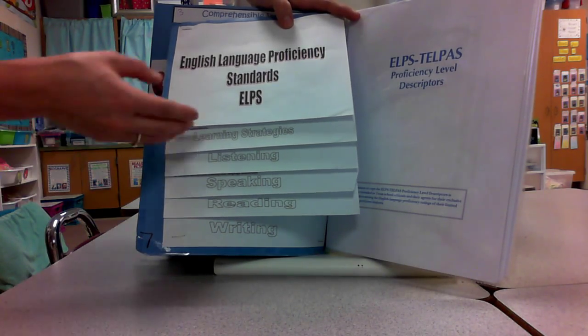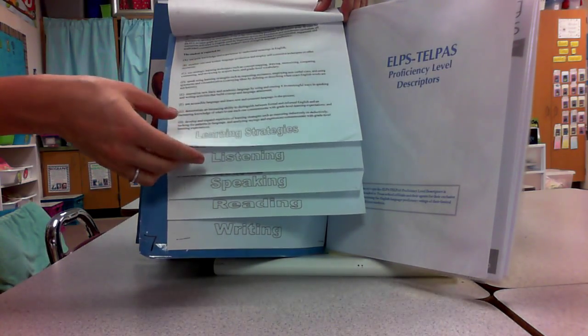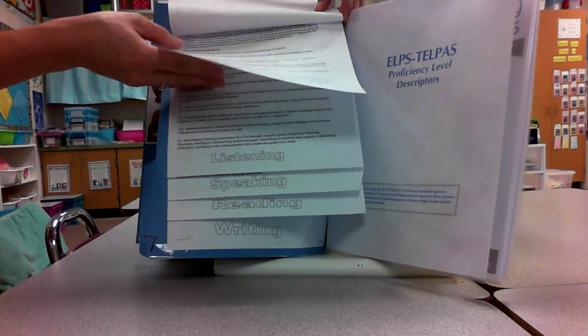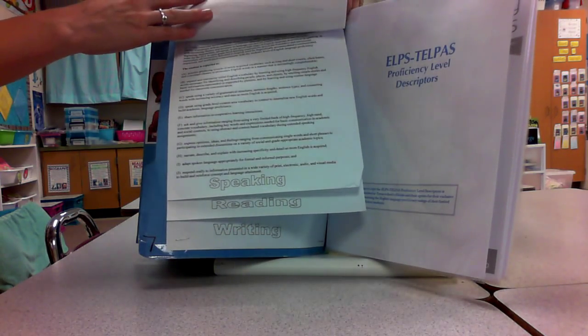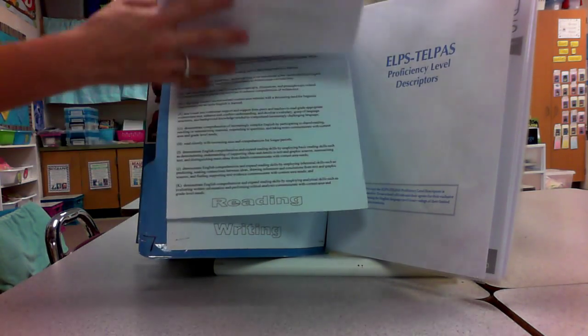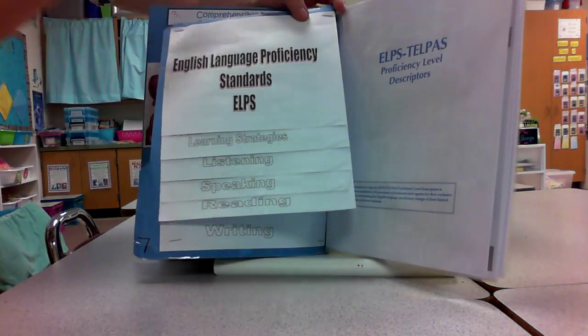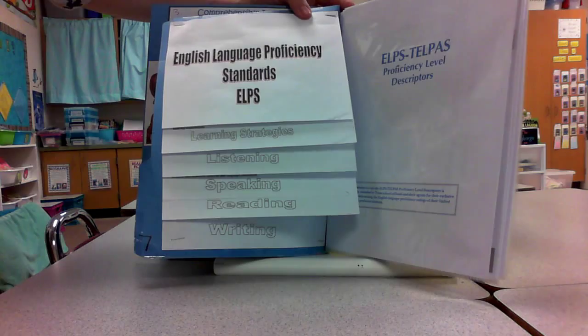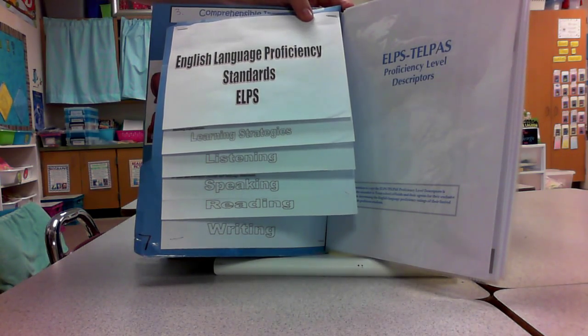It's just good to have access to these whenever you're looking to write a language objective. These are the language objectives that you want your kids to know. You can look at these and decide how you want to write your objective. This is a good place to start after you've picked out your content objective. Because it's a cross-curricular introduction.